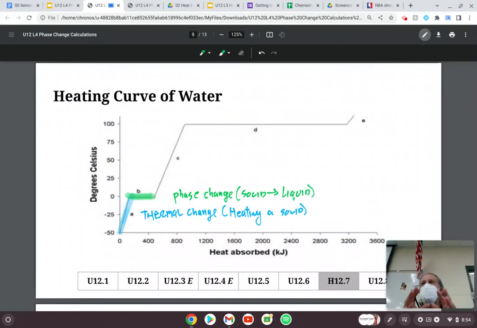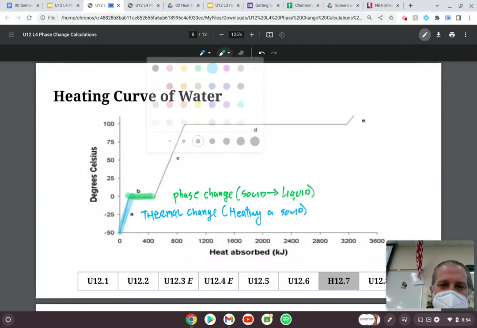What you should be paying attention to here is that there is a period of energy being added where this chunk of ice is melting. It's becoming a liquid, but the temperature doesn't increase. And that is a true observation: when you take a chunk of ice and you let it melt, whether it's on the table or you put it into a pot and you turn the heat on, the temperature will stay the same until all of that solid has converted to liquid.